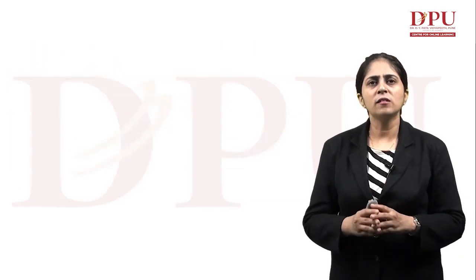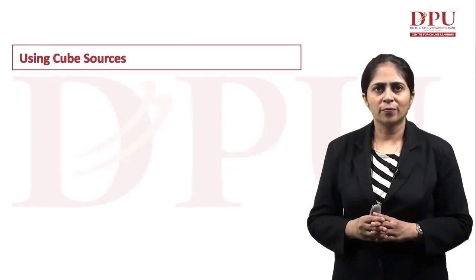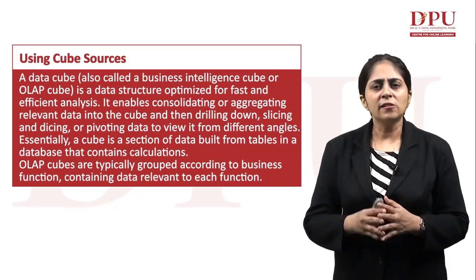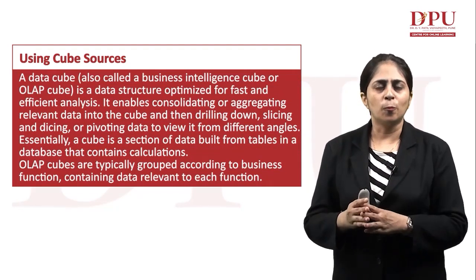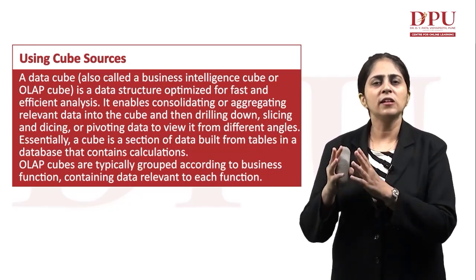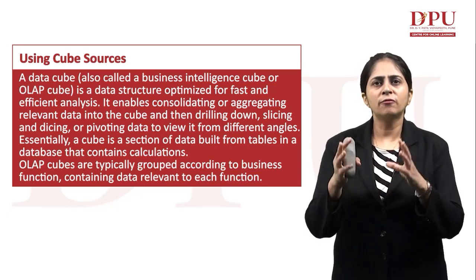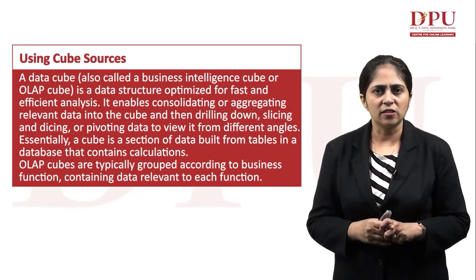The next topic is using cube sources. A data cube, which is also called a business intelligence cube or the OLAP cube, online analytical processing cube, is a data structure which is optimized for fast and efficient analysis.